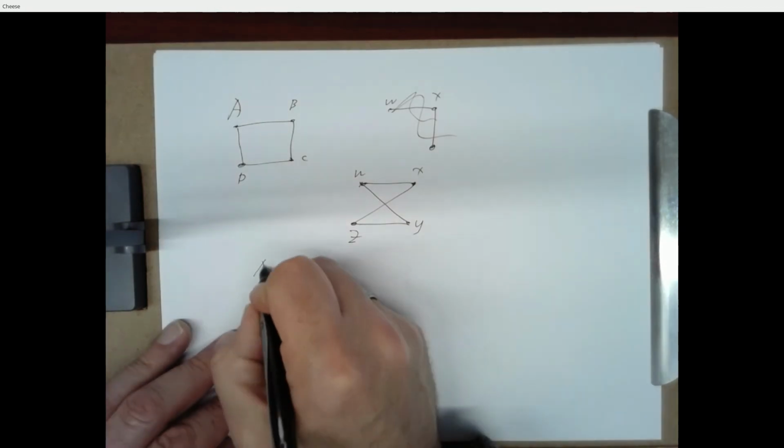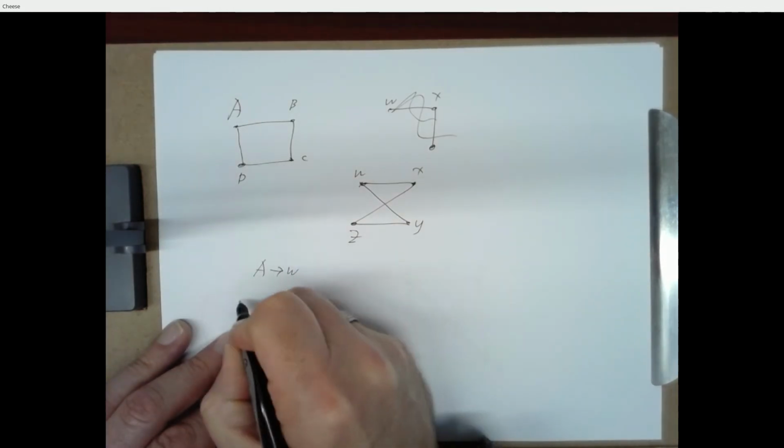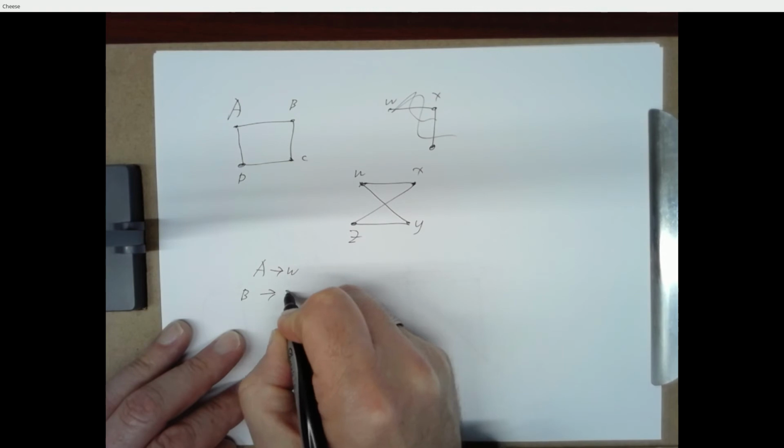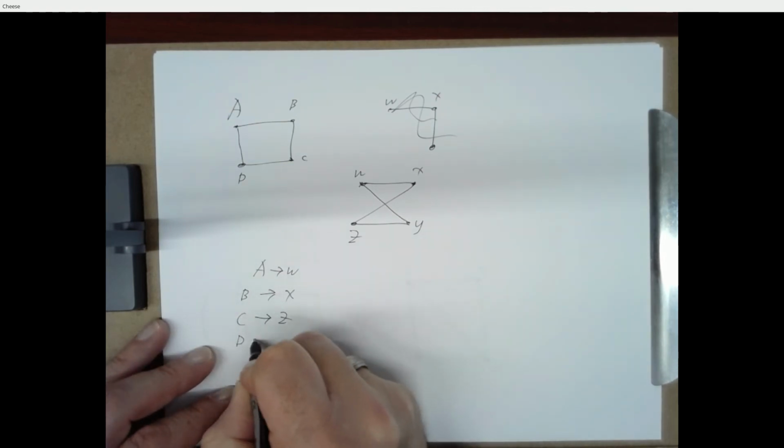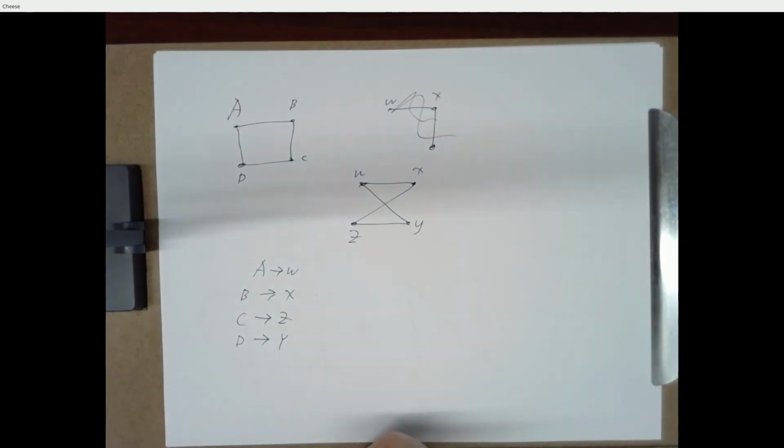So for example, if we take A and map it to W, take B and map it to X, take C and map it to Z, and take D and map it to Y, then our adjacency is preserved.